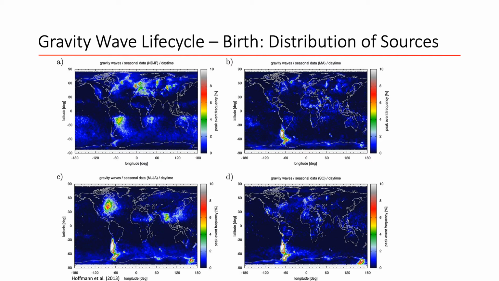So you can see particular hotspots over the world. For example, in the tip of South America, over the Himalayas and Northern Europe, you get these sources from mountain waves, essentially, and you also get these convective sources associated with the storm tracks and also over North America.